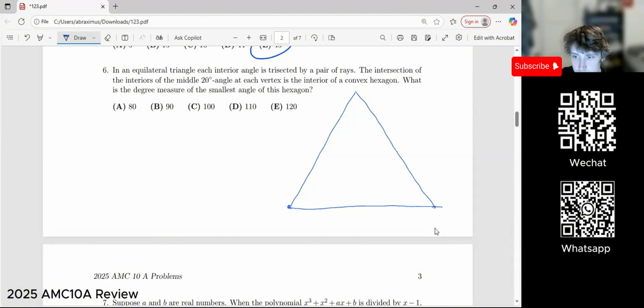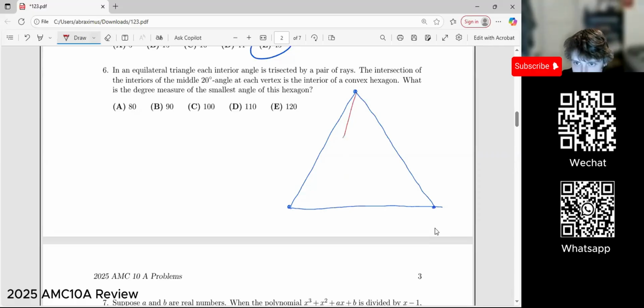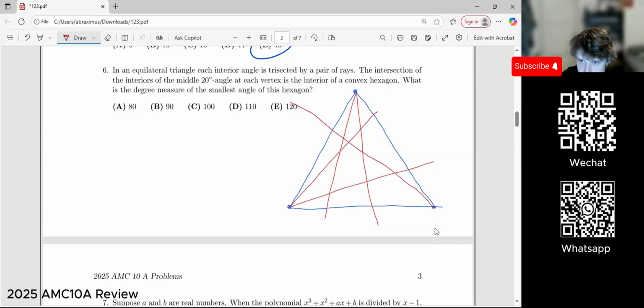So let's draw this. We have an equilateral triangle, and we draw the internal trisectors at each vertex. I can do a little bit better than that. So, okay, we're just going to have to accept that my drawing is going to be really bad. I don't want to spend all our time trying to draw this accurately.